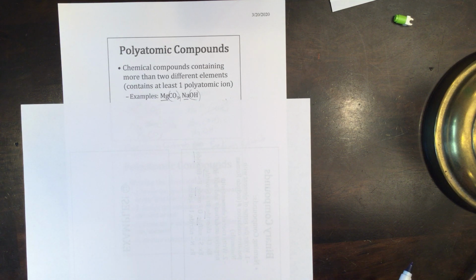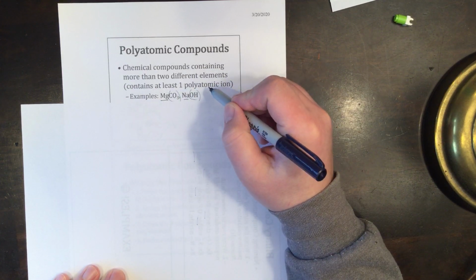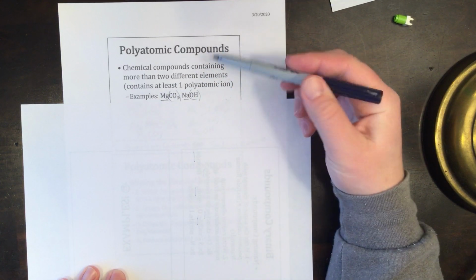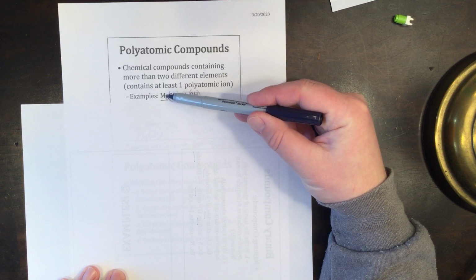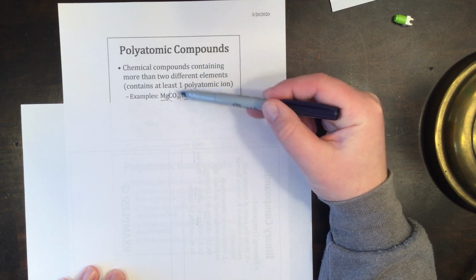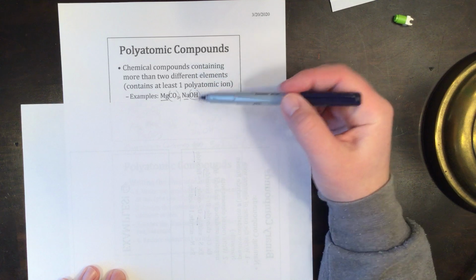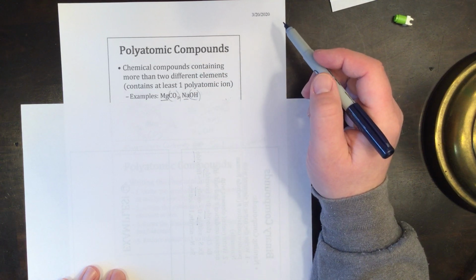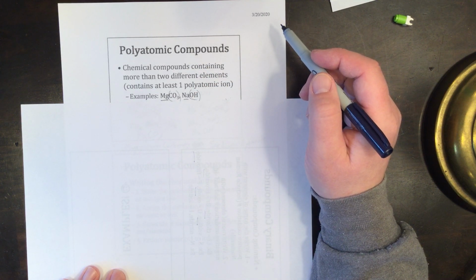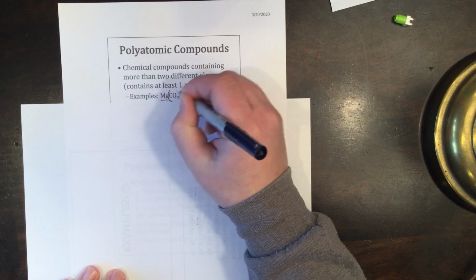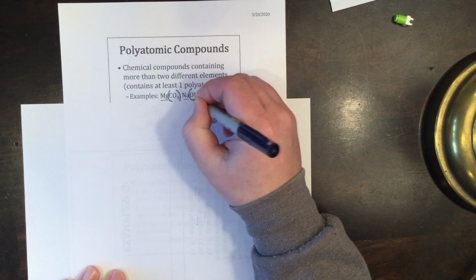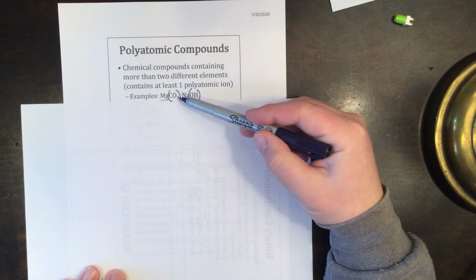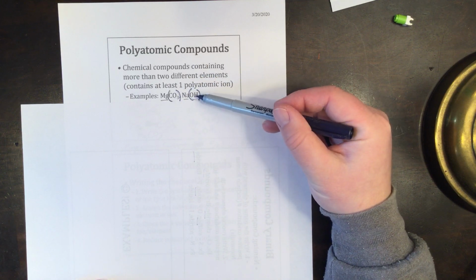So first of all, we need to identify what is the polyatomic ion. When you start seeing more than just two elements, 3, 4, whatever, there's going to be a polyatomic in there somewhere. So we need to identify what it is. On the back of your periodic table, I'm sure you could find these two groups. Carbonate, I hope, and hydroxide.